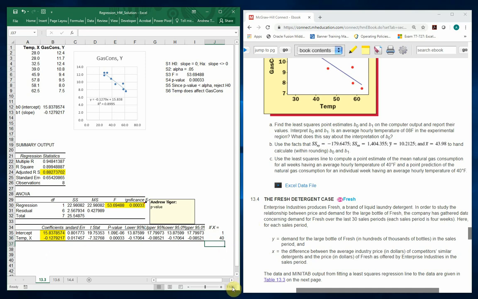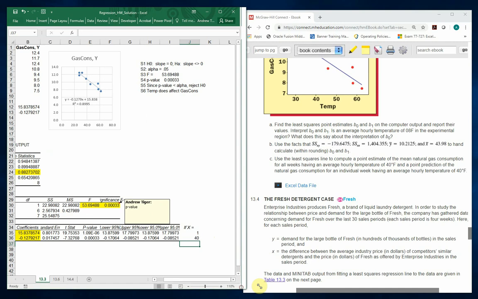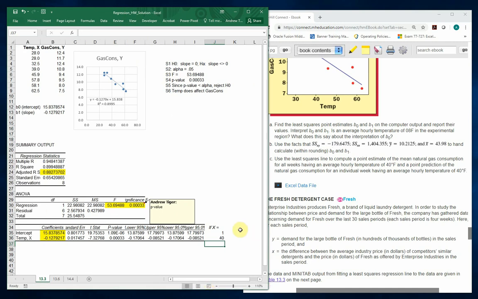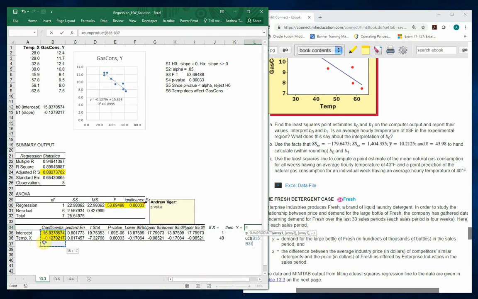And if that's true, then y equals, and I'm going to use the sum product of these 2 different arrays, this vector and this vector. What the sum product does is take this times this plus this times this.